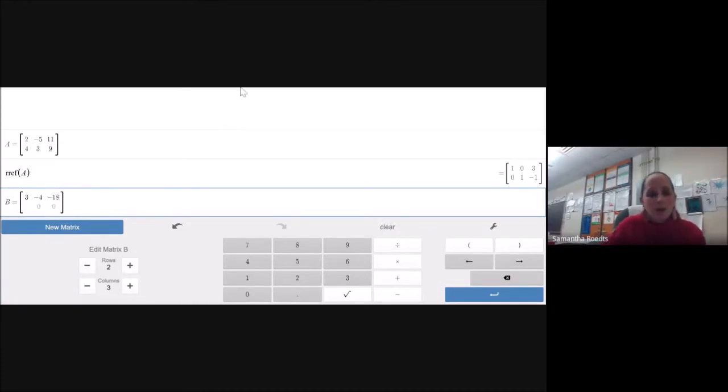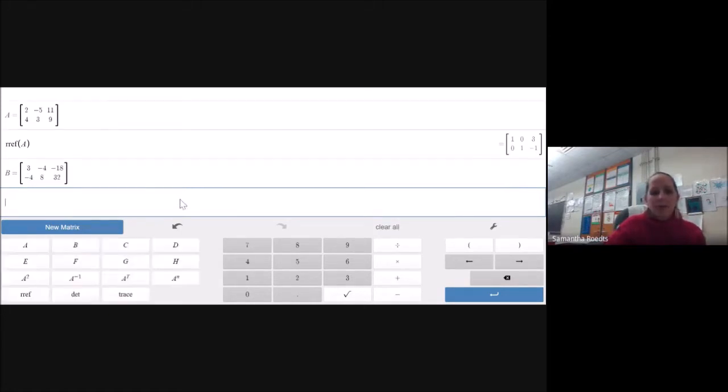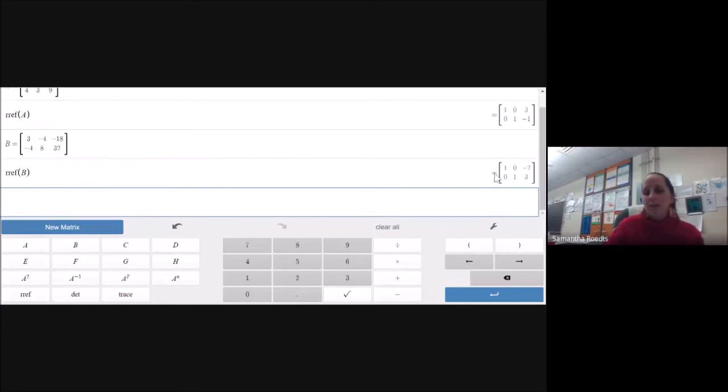And then I have -4, 8, and 32. Here's my matrix. I press enter. I'm going to take reduced row echelon form of B. Gives me my answer right there. So it tells me that X is -2 and Y is 3.